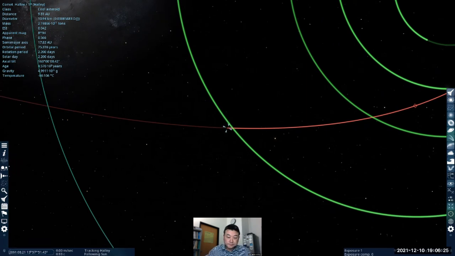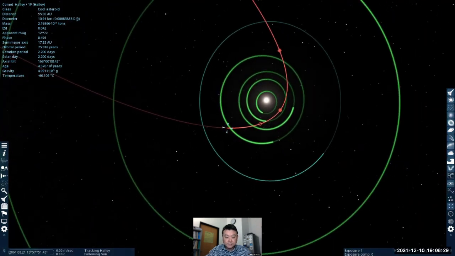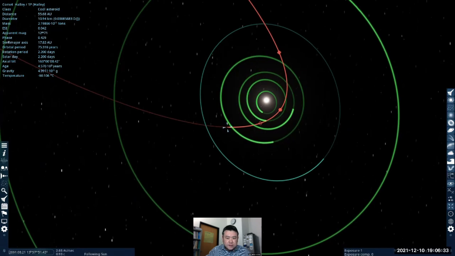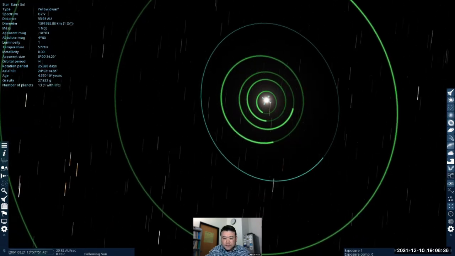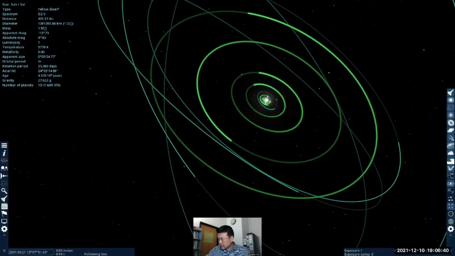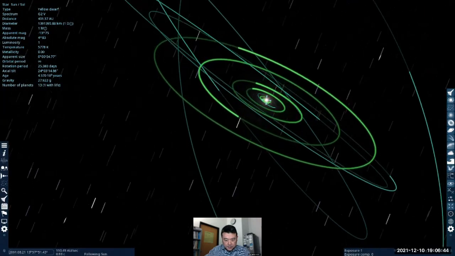That's a kind of orbital mechanics illustration that I can show with this simulation. There are other things I can do, but I see that I'm over time, so I'm going to end it here.